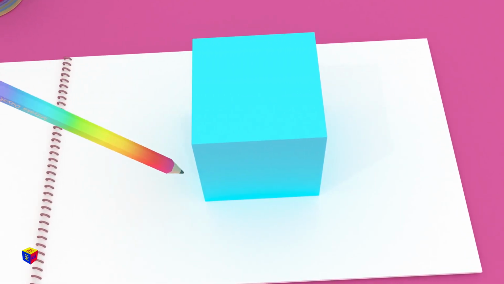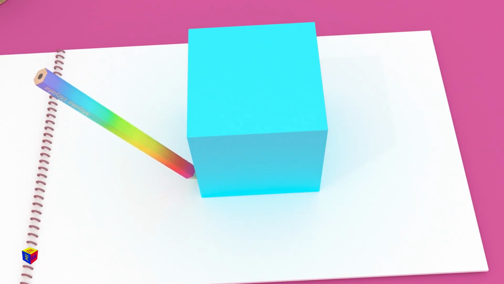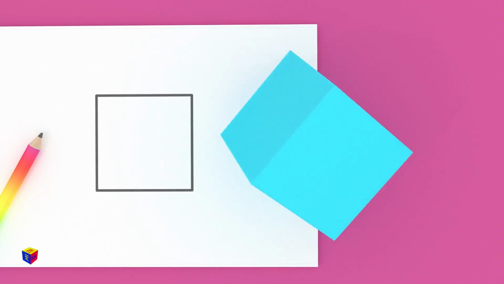What do we get? That's right, it's a square. But we have to remember that a square is a 2D shape, while a cube is a 3D shape.